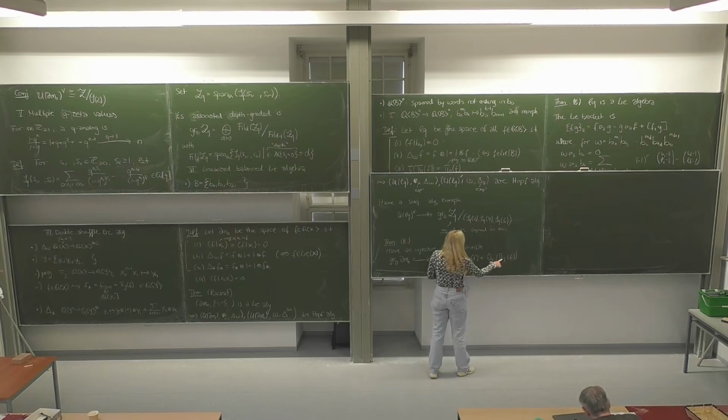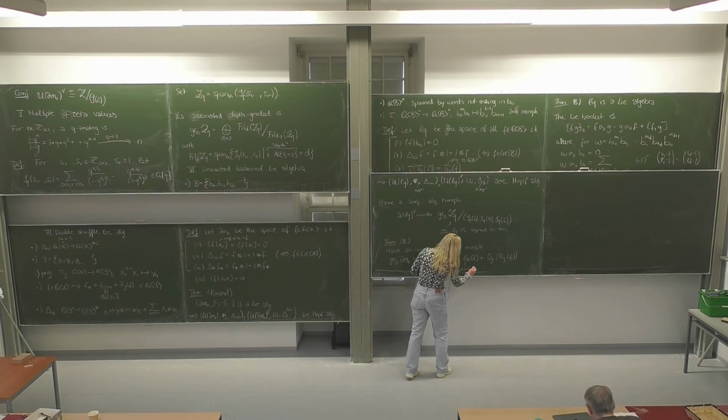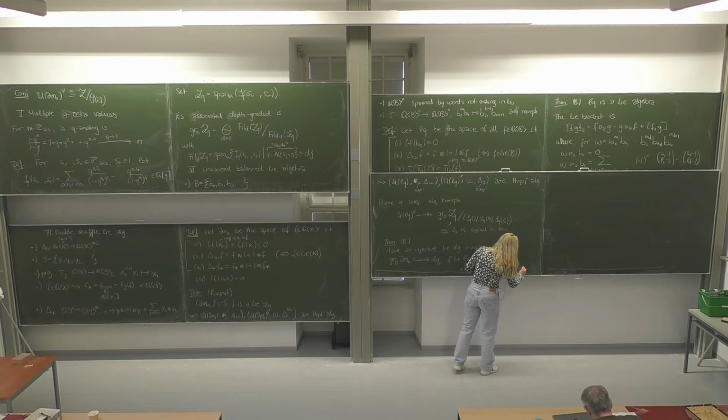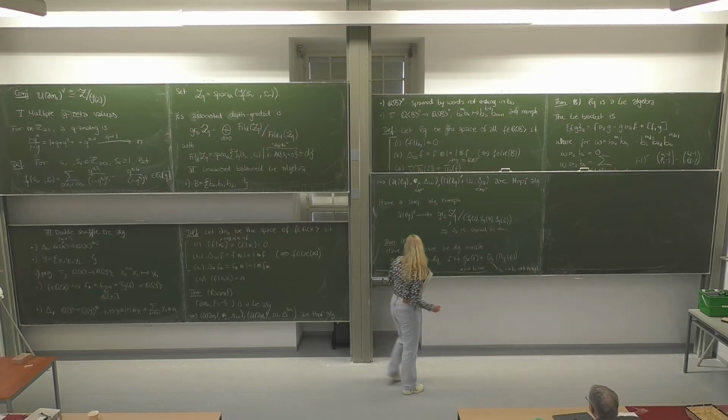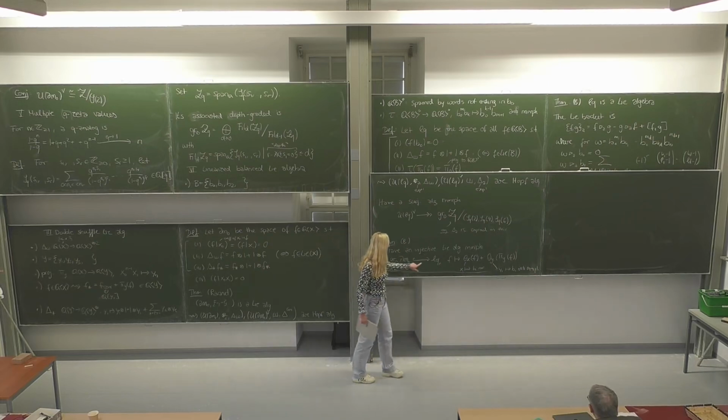So remember, pi was just the projection to the y alphabet, and this is really the map which sends xi to bi, and this is the map which sends yi to bi. So you can really easily embed the associated depth graded of the double shuffle Lie algebra into LQ.